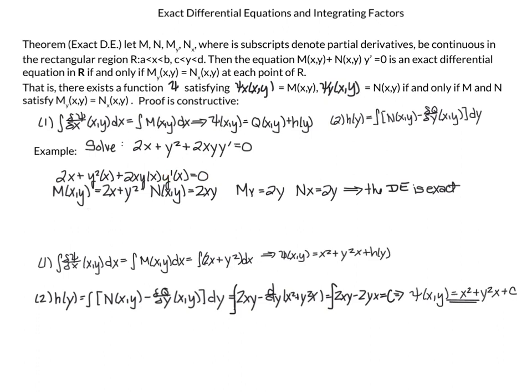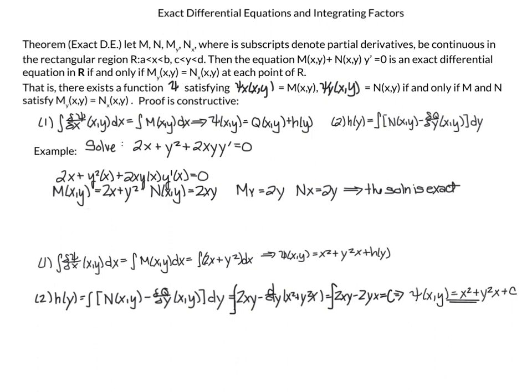Here N is whatever part of the function is multiplied by y prime, so N(x,y) equals 2xy. The rest of it that's not multiplied by y prime is M, so M(x,y) is 2x plus y squared. The partial derivative of M with respect to y gives 2y. The partial derivative of N with respect to x also gives 2y. Since they are equal, this is an exact differential equation.